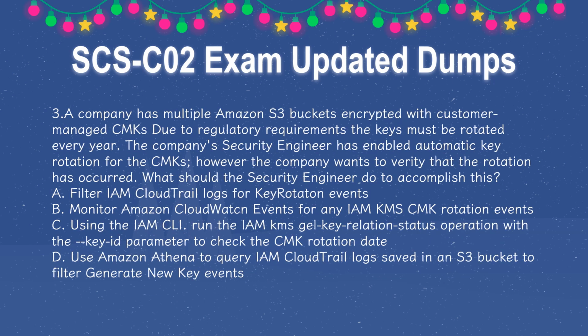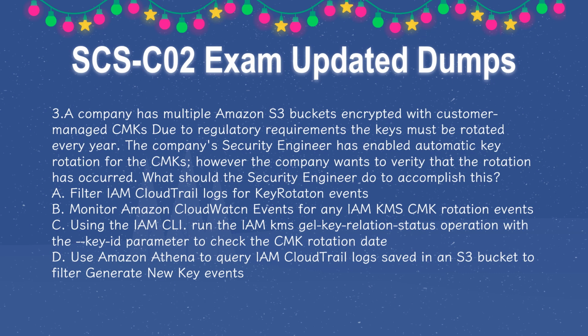3. A company has multiple Amazon S3 buckets encrypted with customer-managed CMKs. Due to regulatory requirements, the keys must be rotated every year. The company's security engineer has enabled automatic key rotation for the CMKs. However, the company wants to verify that the rotation has occurred. What should the security engineer do to accomplish this? A. Filter AWS CloudTrail logs for key rotation events.